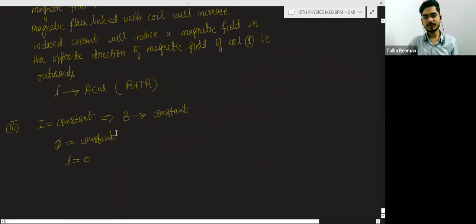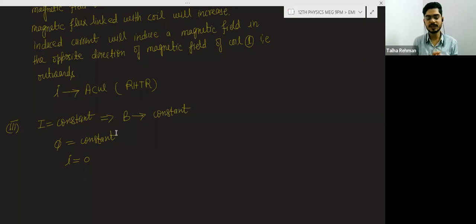And third part is very, very easy because there is no change in the magnetic flux linked with the coil number second. So that is why the induced current in that case is zero.